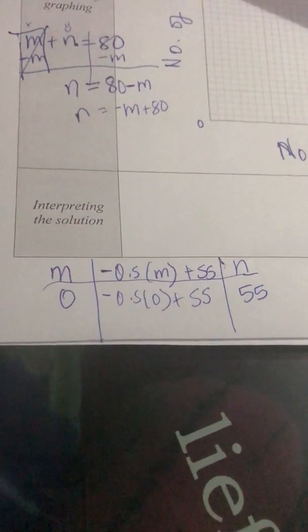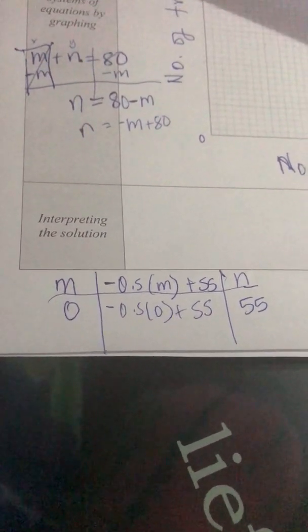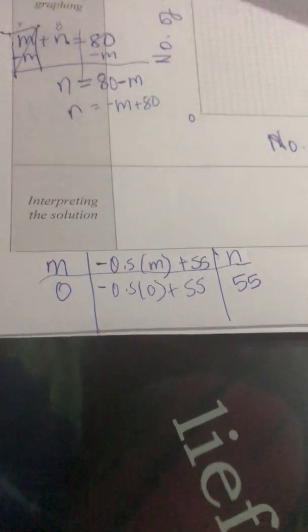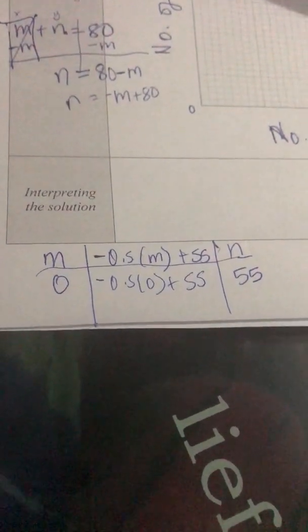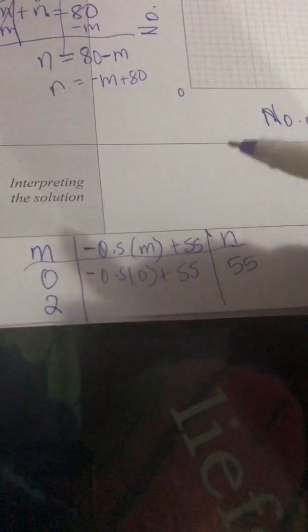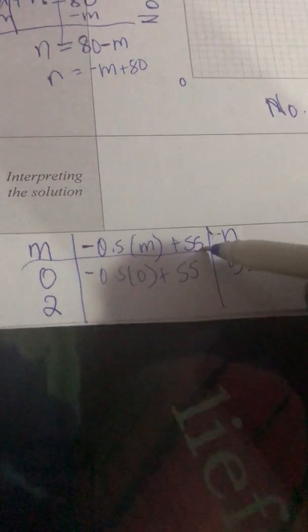Okay, and then if I use an odd number, I'll get a decimal. So I'm going to use an even number. So let me use 2. If I use 2, that will be minus 1, yes?